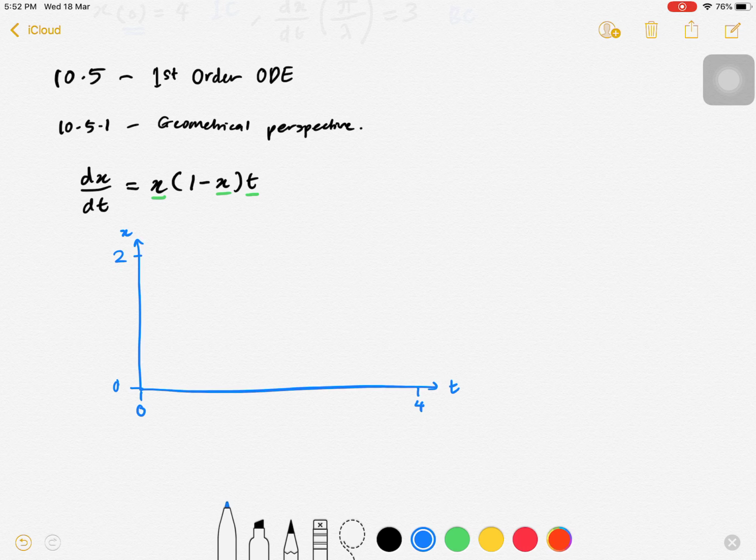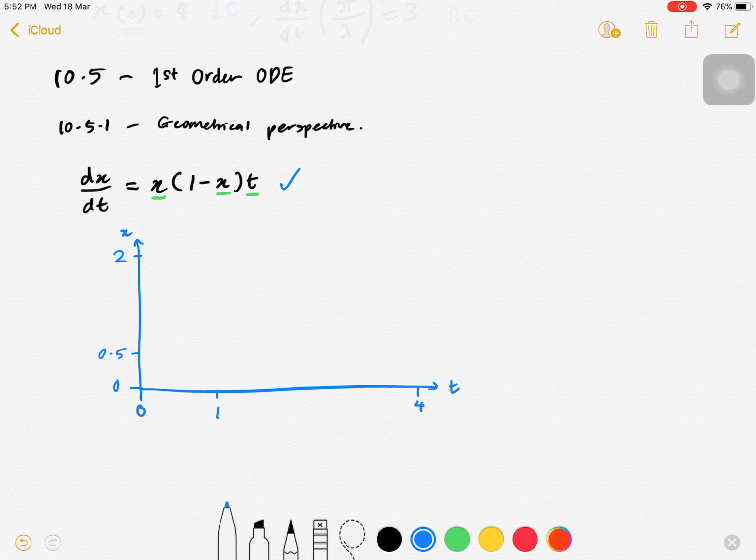So for t equal to 1 and x equal to 0.5, we put the values inside this equation and we will get the gradient. The value can be negative or positive, so you can try to calculate it.